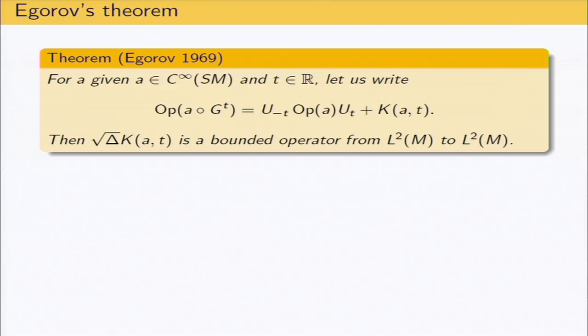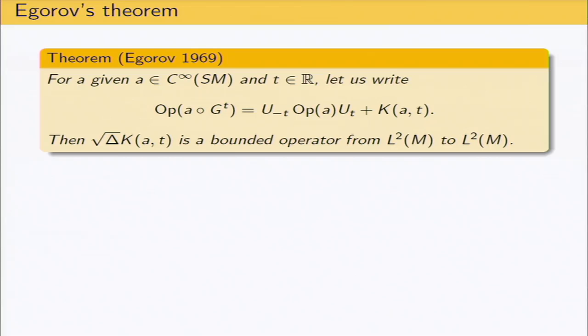That is to say, intuitively, this operator of A composed with GT should be very close, should be equal actually intuitively if the quantum classical transition would be perfect in a sense, then they would be equal. But apparently, quantum physics is different from classical physics, and there is a difference of a small operator. So this small operator is, technically speaking, a pseudo-differential operator of degree -1, whereas these are of degree 0, sorry.